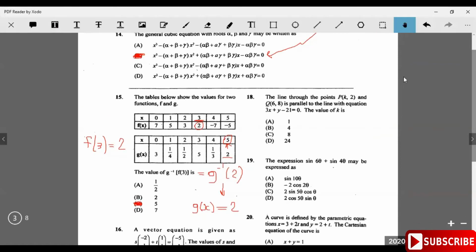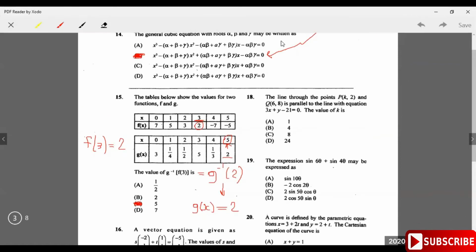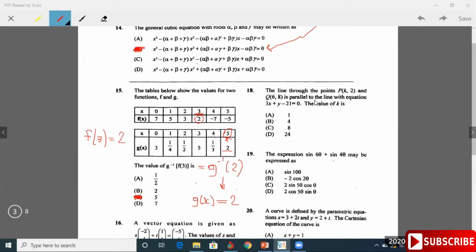All right. Question 18 says a line through the points P and Q is parallel to the line 3x plus y minus 21.